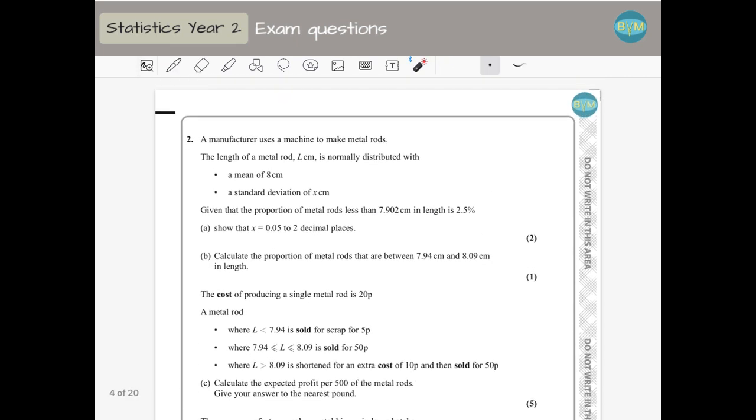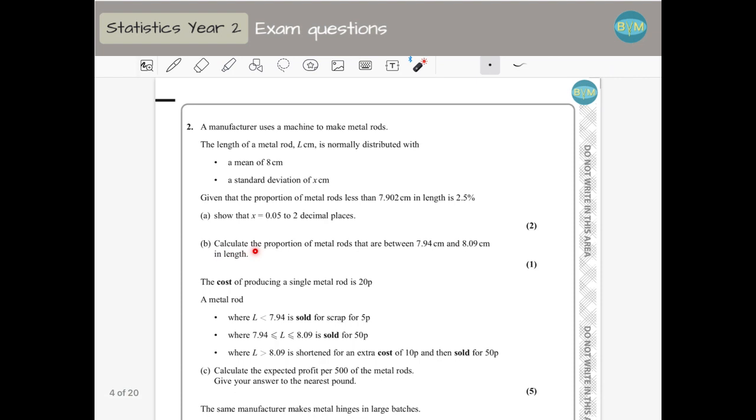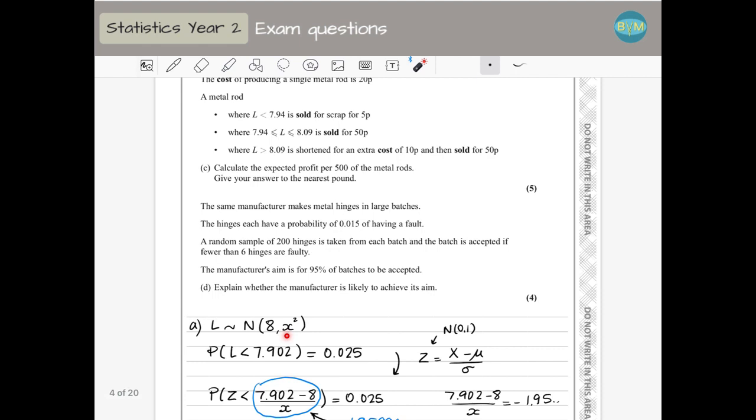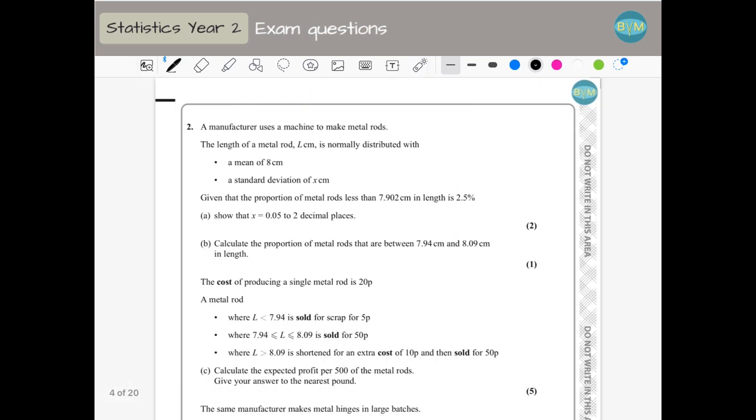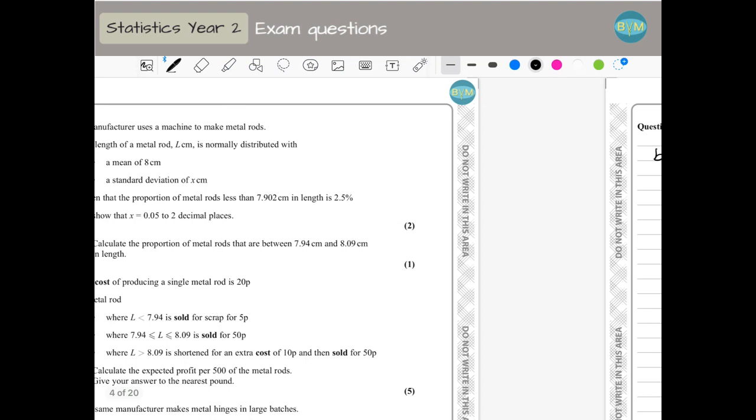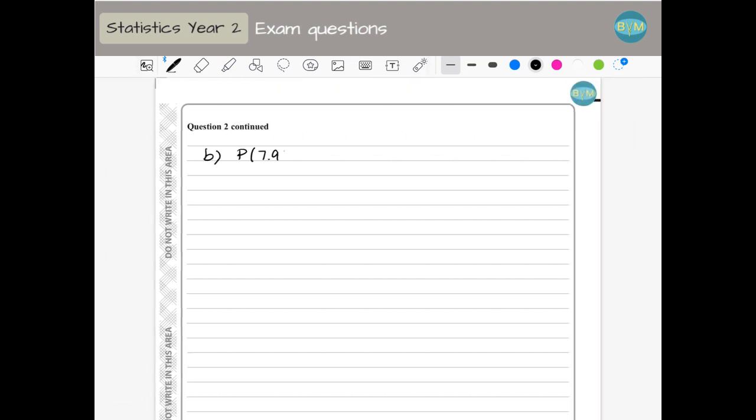So this is the first part. Then B, calculate the proportion of metal rods that are between this value and this value in length. Now we know all the information about L. We know it's a normal 8, 0.05, and we can find any value. So for B we need the probability that L is between 7.94 and 8.09.